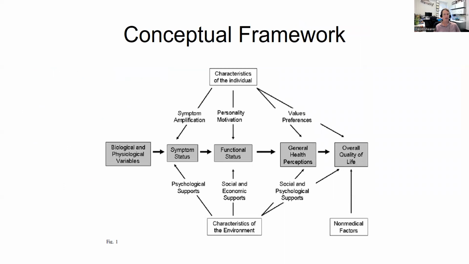This is, I think, a nice conceptual framework that I use when thinking about outcomes. Basically, the idea here is that whatever clinical problem, injury, or disease we're looking at, there's some underlying biology that's pathologic. That pathology leads to some symptoms that the patient experiences that may or may not influence their function, which may or may not influence their perception of their health, which may ultimately influence their overall quality of life.